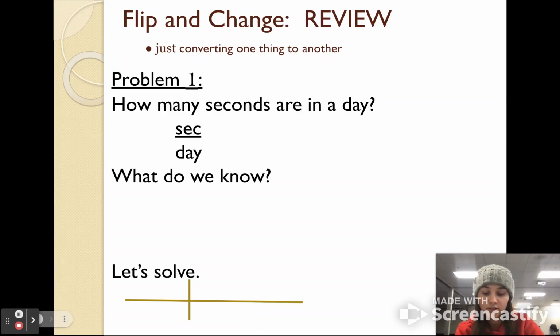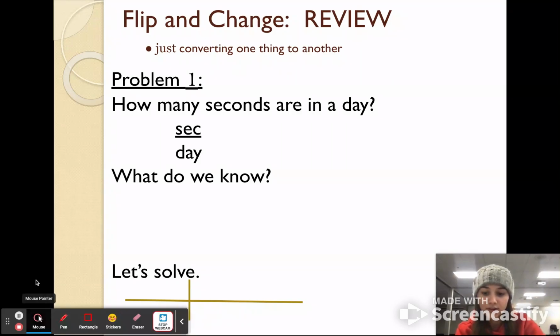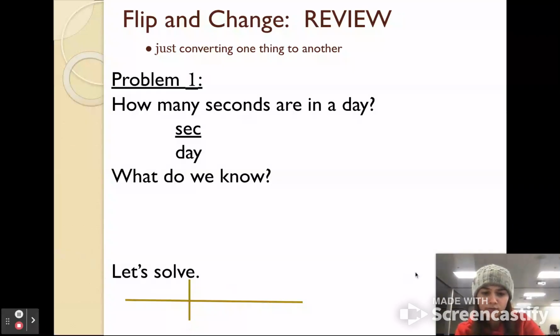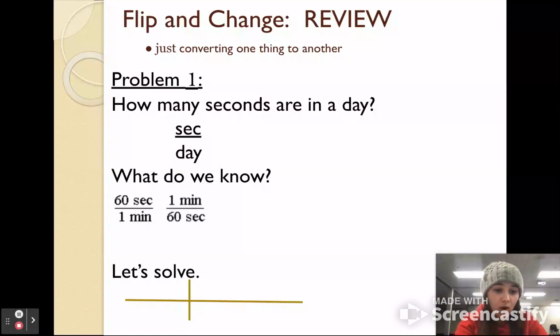Sorry, guys. What do we know? There's 60 seconds in a minute, right? Another way to write that is 1 minute over 60 seconds.